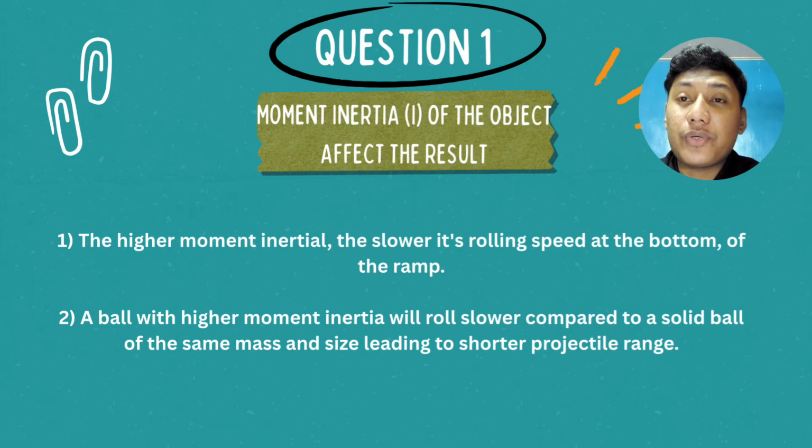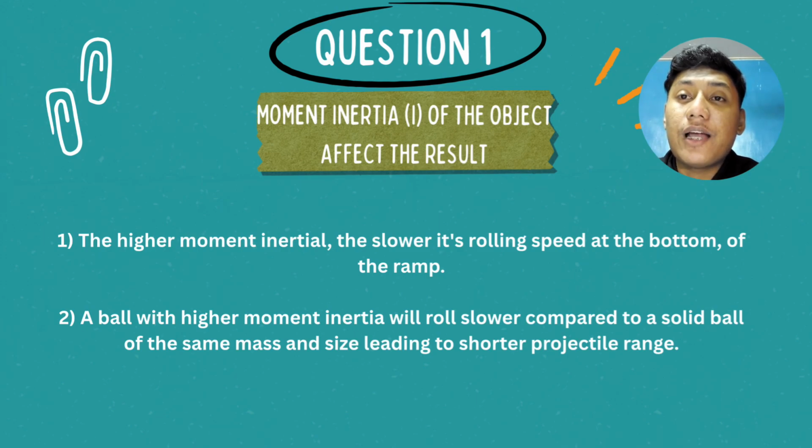Okay, for the first question, how and when do you think moment of inertia of the object affects the result? For the answer, an object with a higher moment of inertia will roll more slowly at the bottom of the ramp because more of its energy is stored in rotational motion.